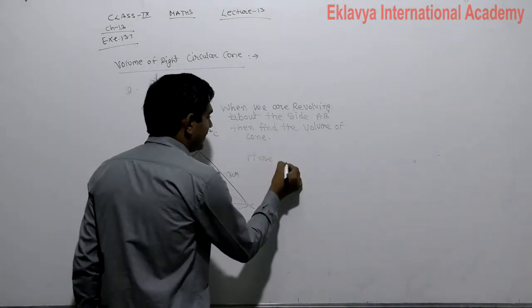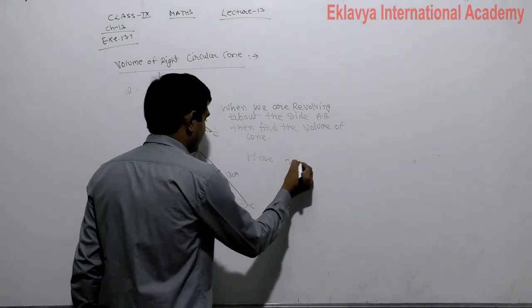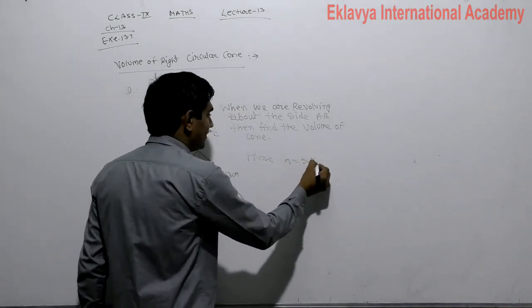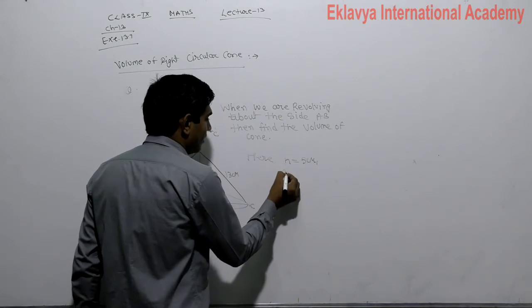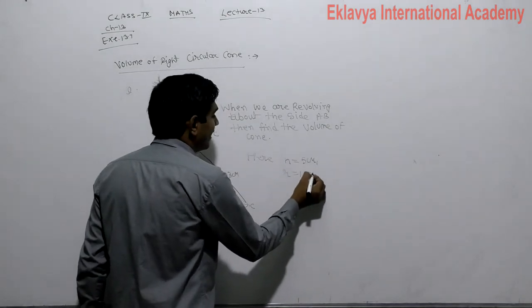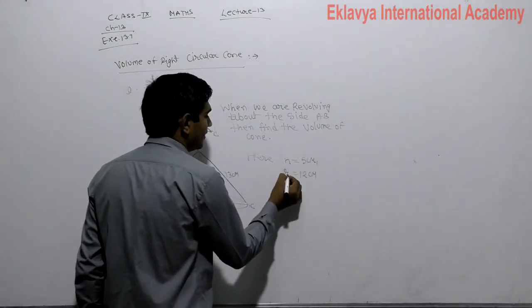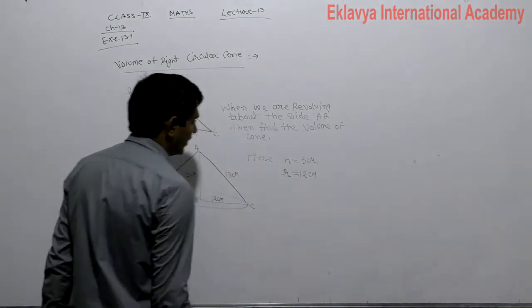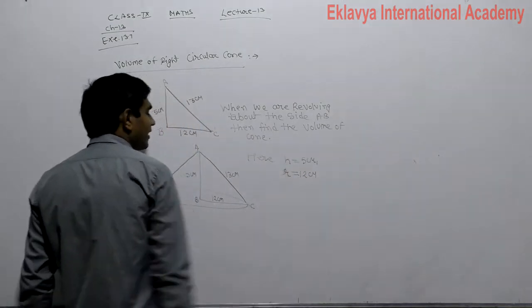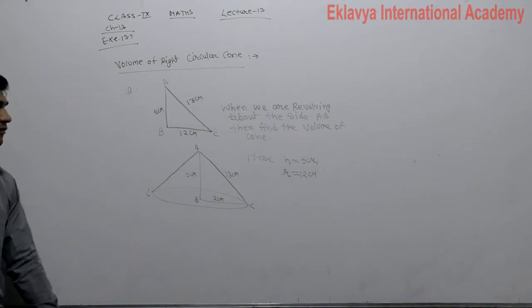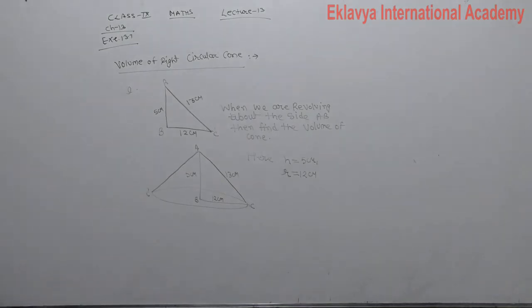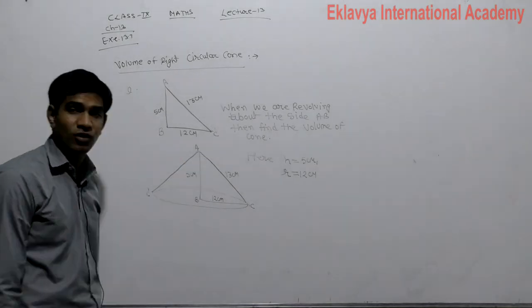So here, what is the height? H is the 5 centimeter and the radius is 12 centimeter. Then easily we can find out the volume.